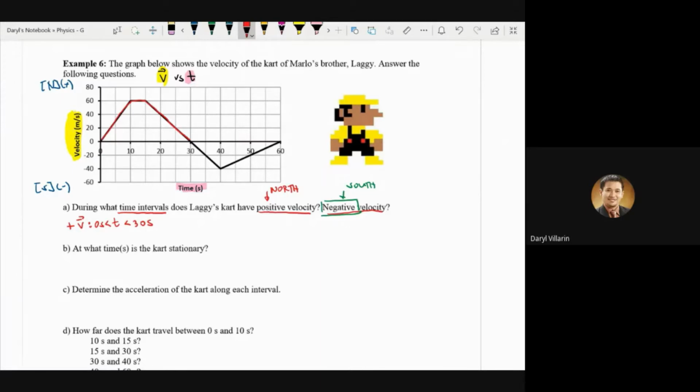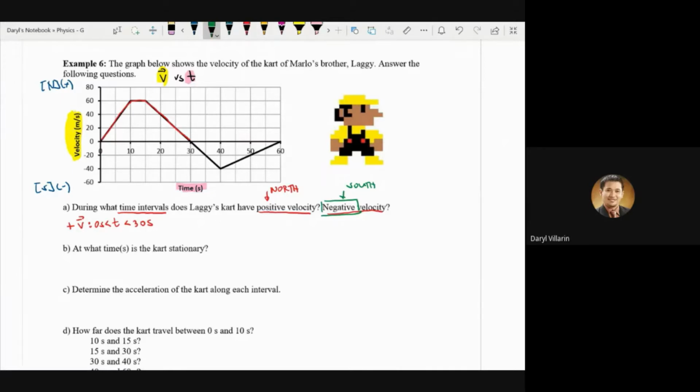So anything that is to the north, again, they are separated by that 0 mark. 0 velocity, again, means the object is not moving. Anything below that means it has a negative velocity, or the direction is south.